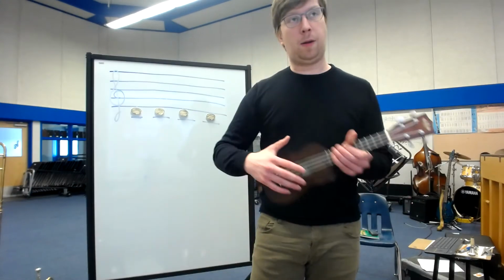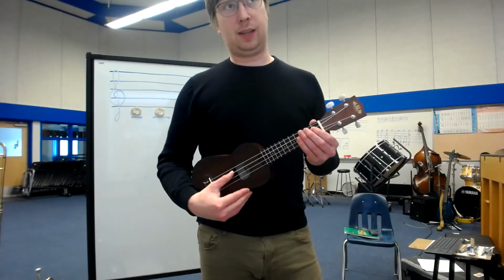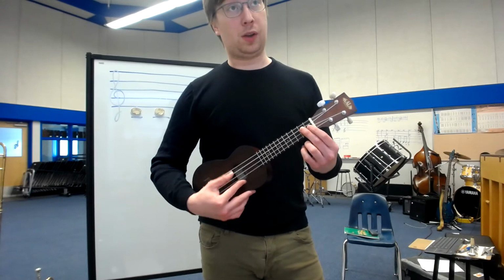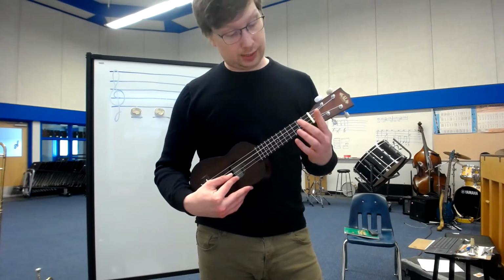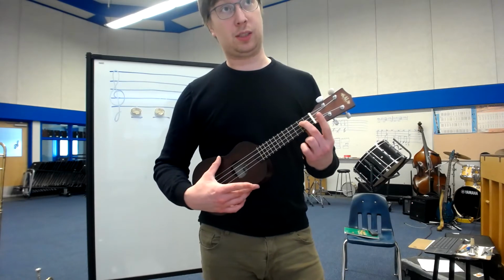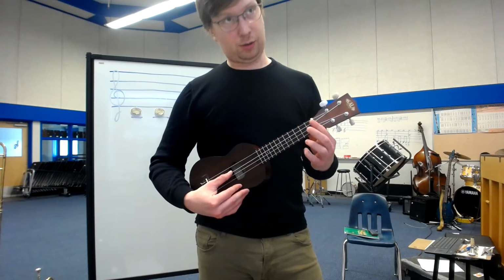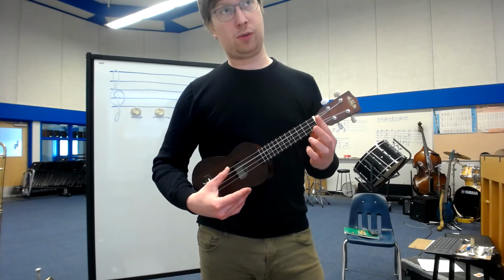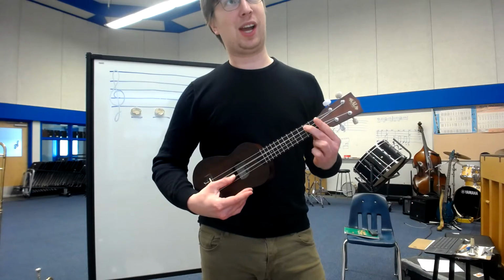Okay? So a D in this case is going to be on that same string as the C, except we're going to use our middle finger, so that's going to be on the second fret. Try that out. Go do, re, do, and just go back and forth.